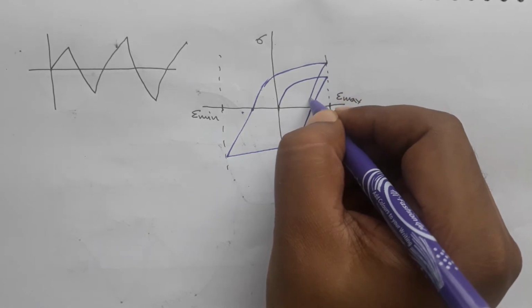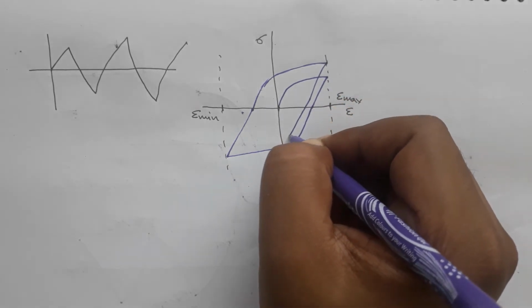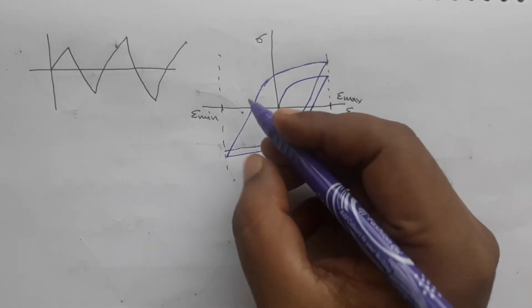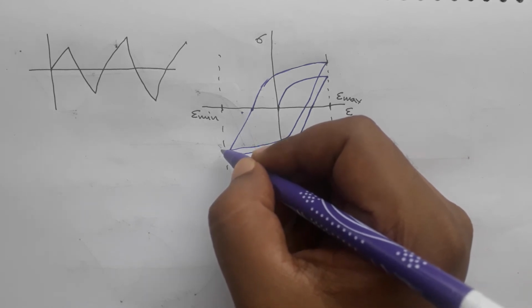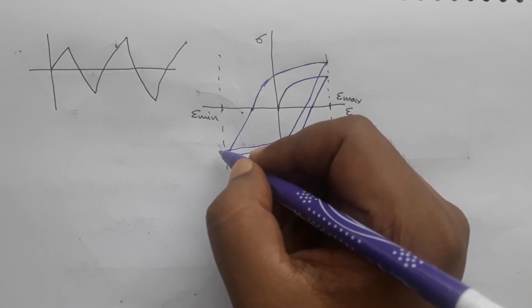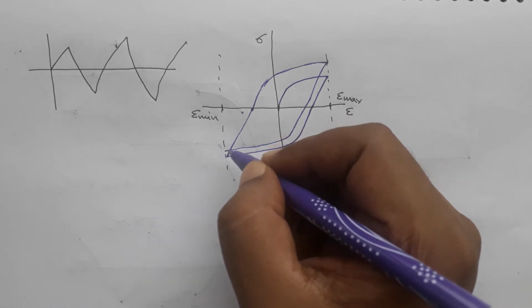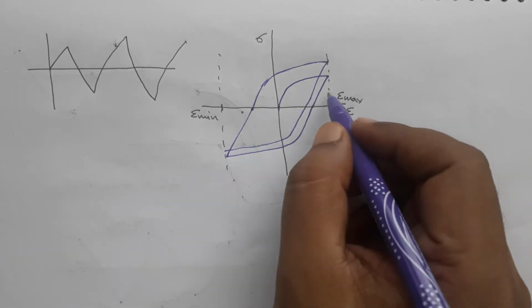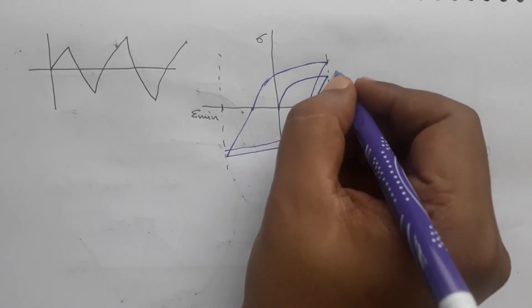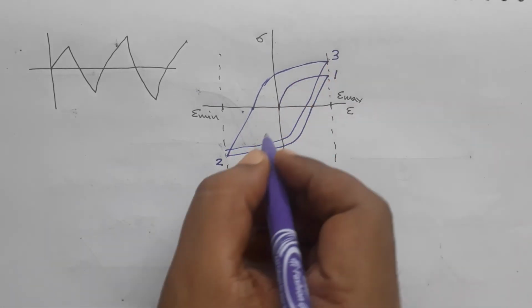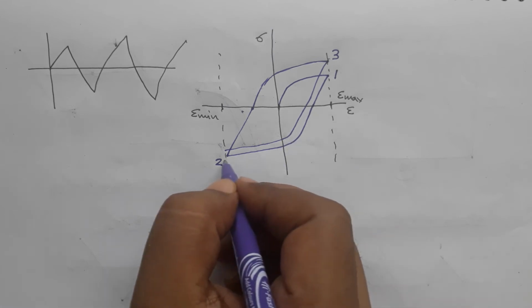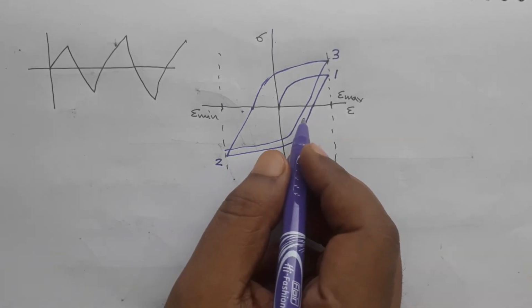Then you unload it, then it goes back to the same strain value. So this is my first peak, this is my second peak, this is my third peak, and the fourth peak should go higher than the third and also the second.